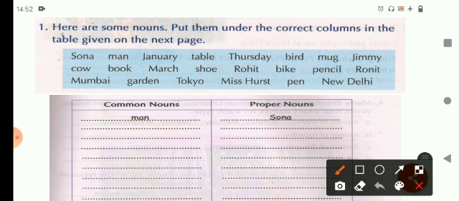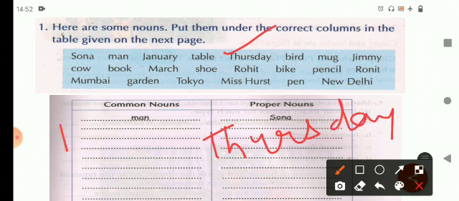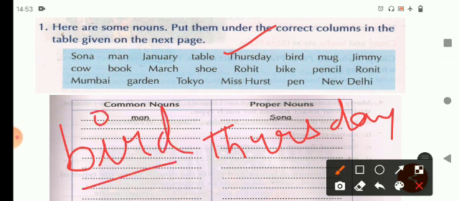Then next word is again Thursday, proper noun, name of a particular day. So it will be written under the column proper noun. Then bird is common noun, so we will write under the column common noun.